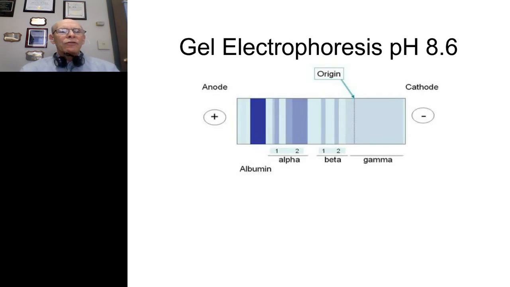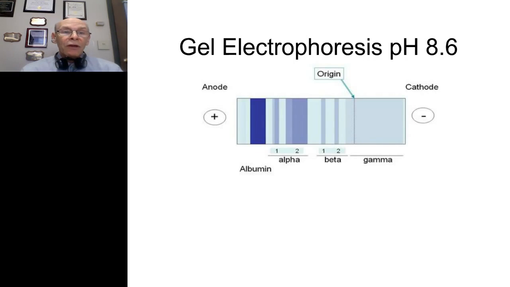Gel electrophoresis is usually performed on agarose gels these days at an alkaline buffer pH of 8.6. At that pH, all serum proteins are negatively charged. Therefore, they're attracted to the positively charged anode.